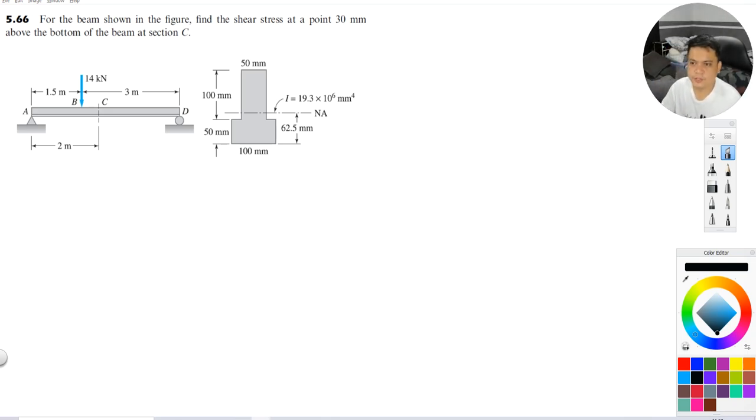Okay, so let's have this problem. For the beam shown in the figure, find the shear stress at a point 30 millimeters above the bottom of the beam.